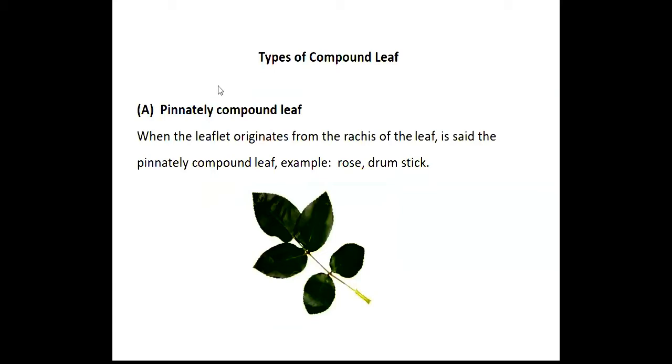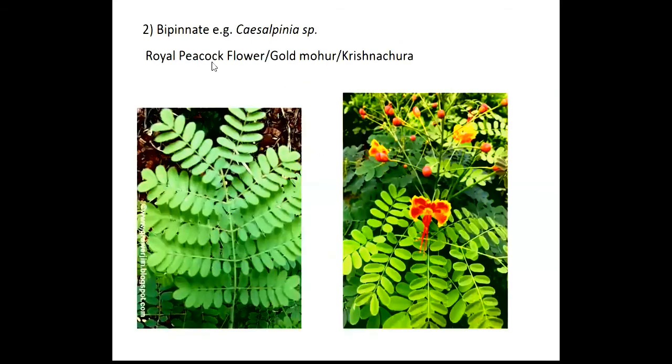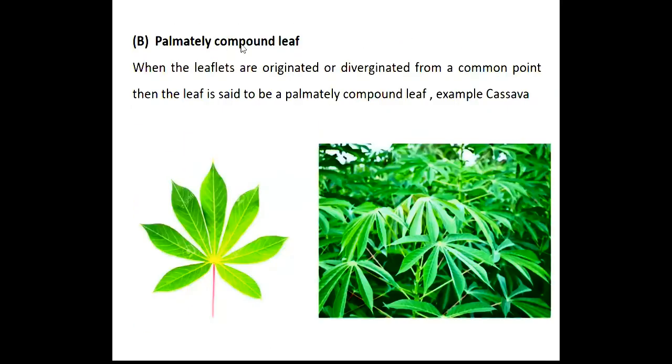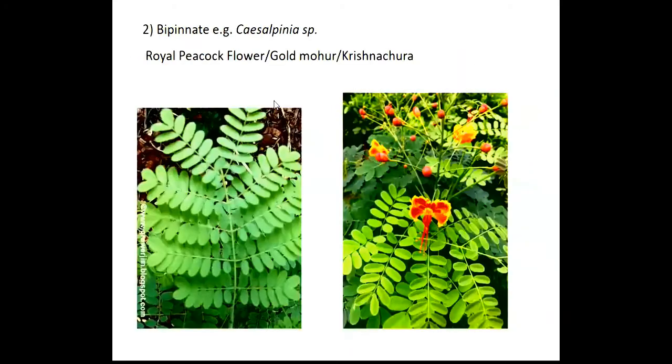The spelling is like pinnately compound leaf and palmately compound leaf. Before going to all these, I would like to share with you the concept of what is pinnate and what is palmate. Okay, so this is the main central vein. Think about this as the rachis.